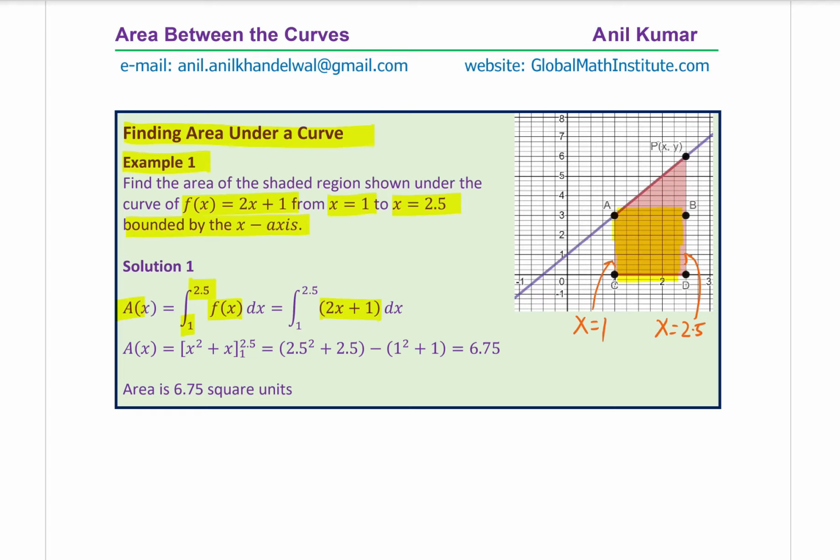The antiderivative for this will be x squared plus x over the interval 1 to 2.5, and you can evaluate this by substituting the value 2.5 first, right, and then 1, take the difference, that is F of b minus F of a, right? So we did F of b minus F of a at this stage, and then we got the answer. Do you see how simple it is now? So that is how we use the fundamental theorem of calculus to find area under the curve.